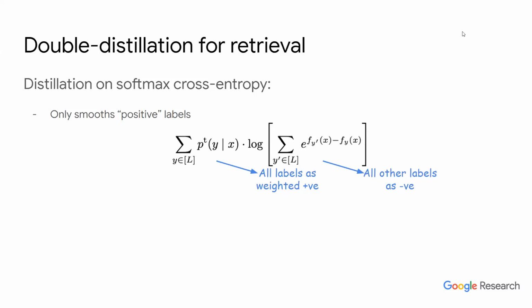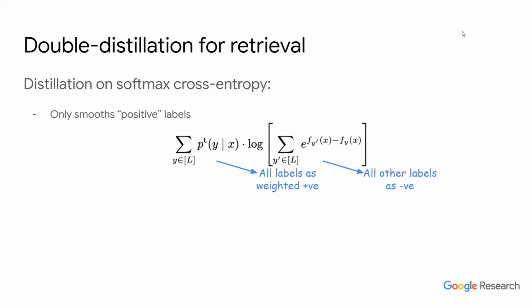If you think about this, you are actually doing some kind of expectation, right? You are going over all the labels, and this label is just using the ground truth label, not the smoothed version. The label itself is using the smoothed version, but this part, using the positive and the negatives, is not actually using the smoothed version.